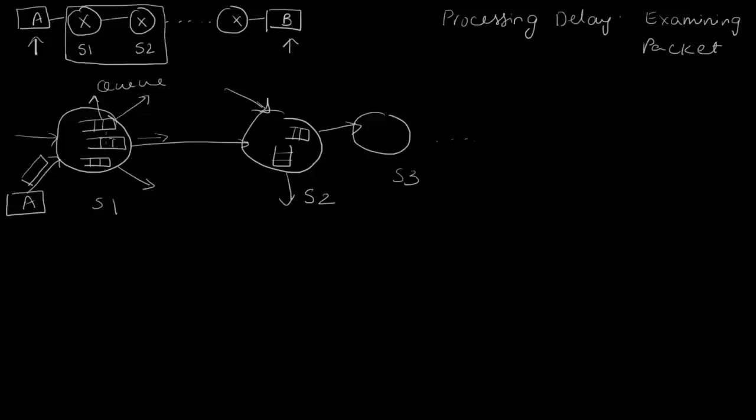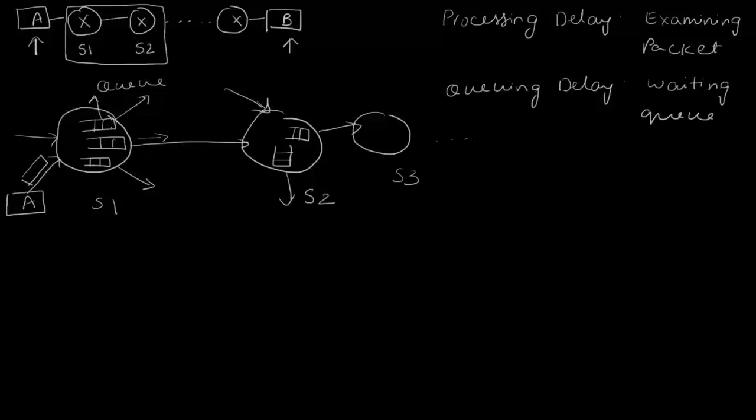Now when the packet is placed in this queue, it is very much conceivable that there are other packets already in the queue, in which case this packet from A has to wait in this queue. And the delay associated with that is called the queuing delay. Basically, this is the delay experienced by a packet waiting in a queue.